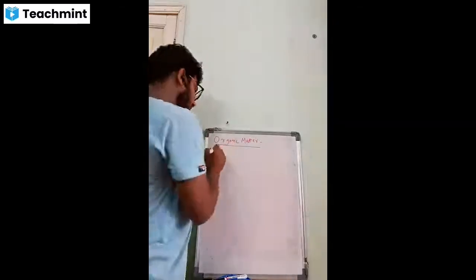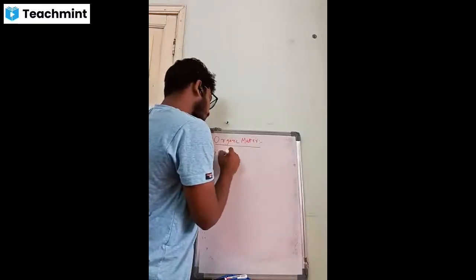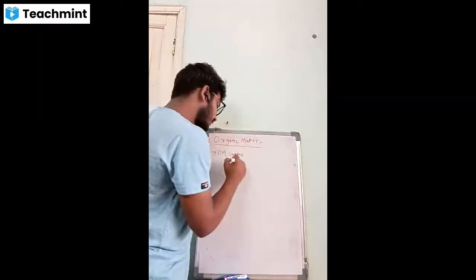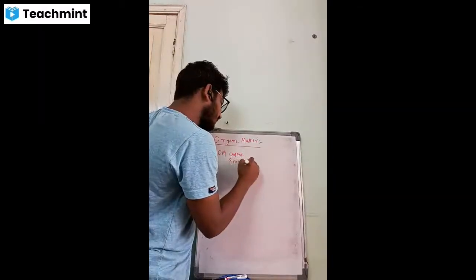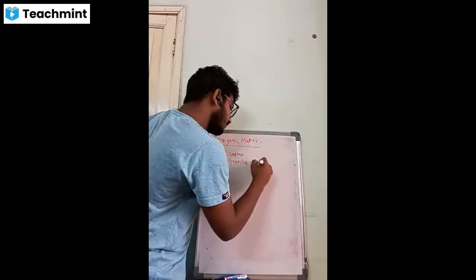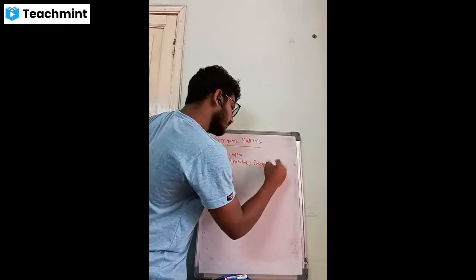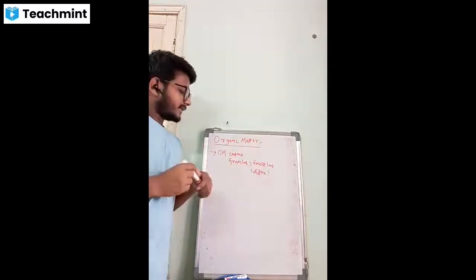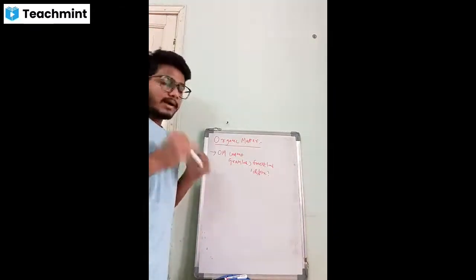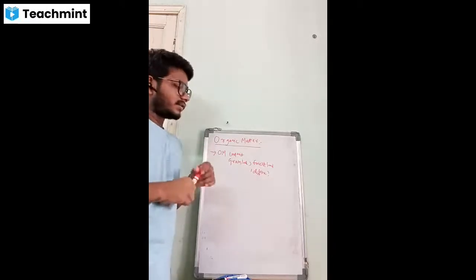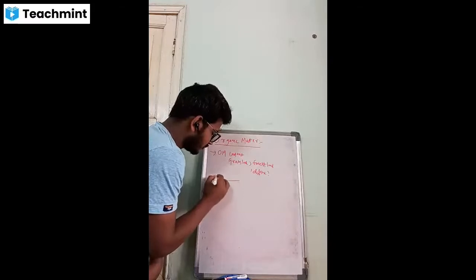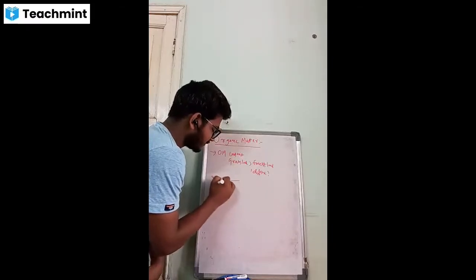Organic matter content is higher in grassland than forest land. Define why organic matter content is higher in grassland than in forest land. In grassland, closely packed grasses are there. Yes or no?